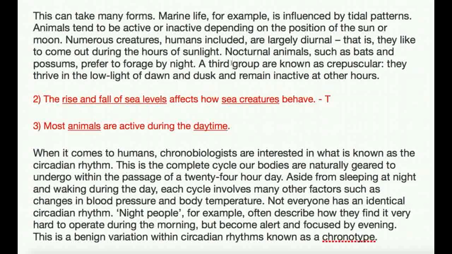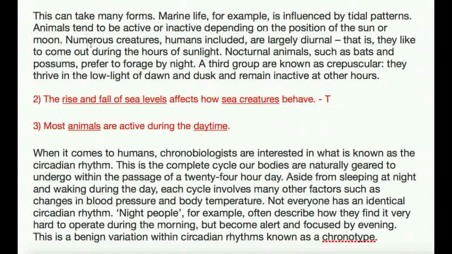Well, with this question, this is one where it's very tempting to put true as the answer, because it says numerous creatures, humans included, are largely diurnal. However, numerous is not the same as most. Numerous is just like saying many creatures like to come out during the hours of sunlight.